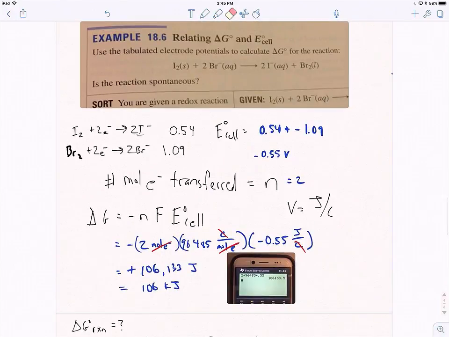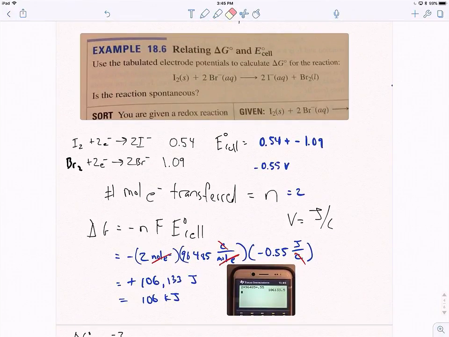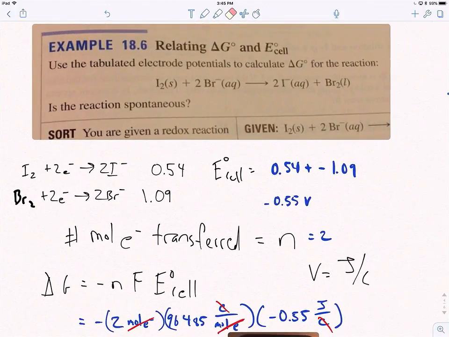So, recap with this one. We're given an equation, and we have the standard cell potentials. We look at the equation and determine iodine is being reduced, bromine is being oxidized. So we keep this reduction as is and do the opposite of this for that.